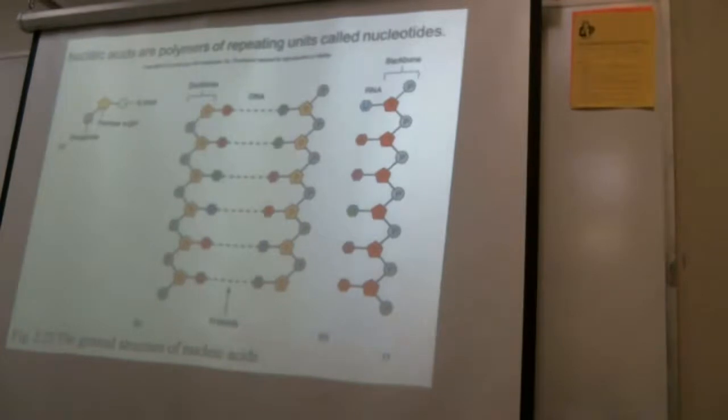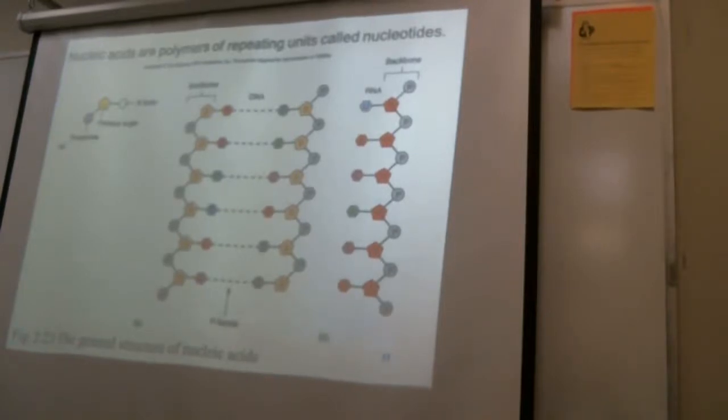What about the building blocks of DNA and RNA? They are called nucleotides. So you could say it is a polynucleotide chain, and DNA is a double polynucleotide chain. The nucleotide is the building block, and at the top it shows you the three parts.